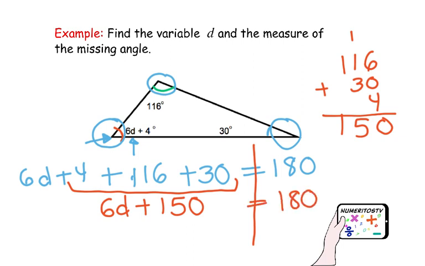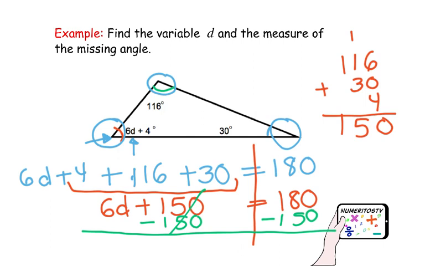Now I need to get rid of 150 using inverse operations. Whatever I do to this side, don't forget to do it to the other side too. So I have 6D on this side, and then I do the subtraction, 180 minus 150. Oh, no, here you don't need to borrow, sorry. I just do the subtraction, 0, 3, 30.